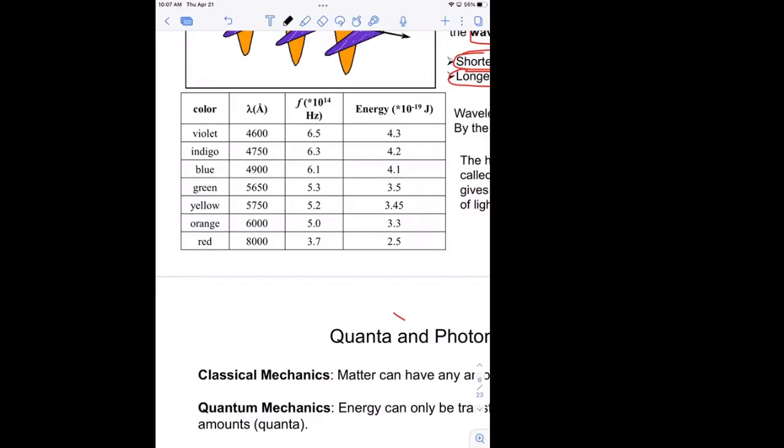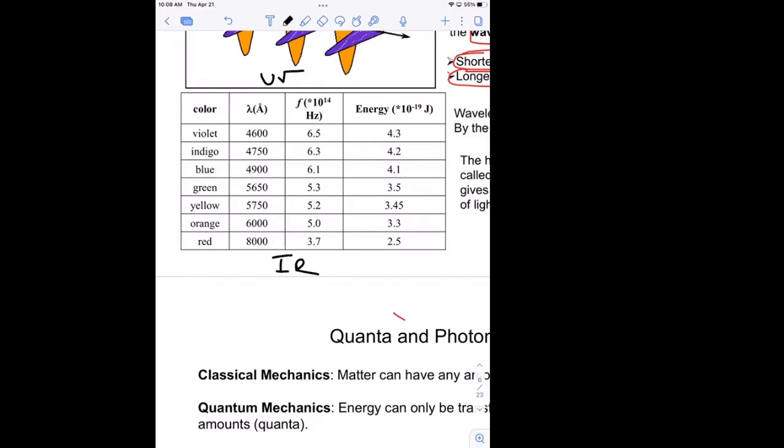So this is kind of situated between the infrared spectrum and the UV spectrum. So the infrared is just a little less energetic, or lower in energy, than the red region. And then the ultraviolet is a little higher in energy than the violet region.